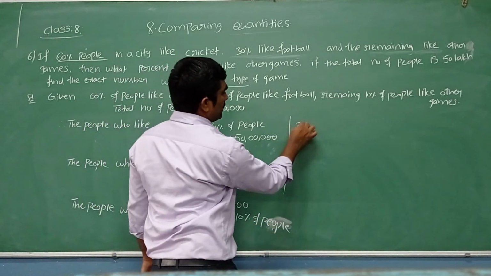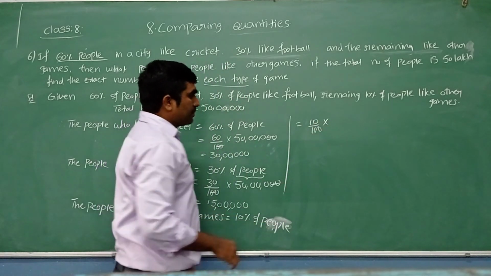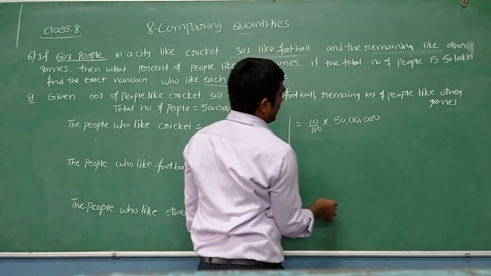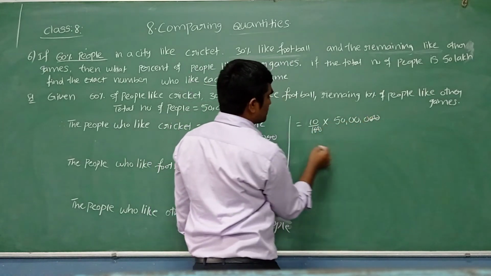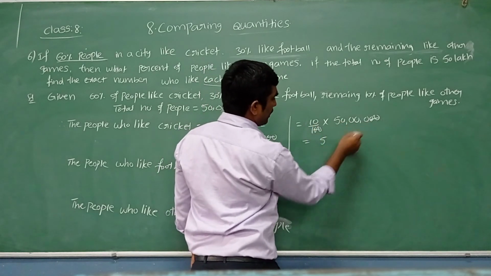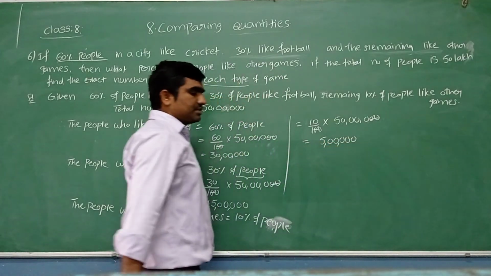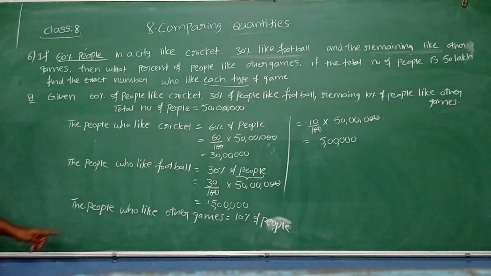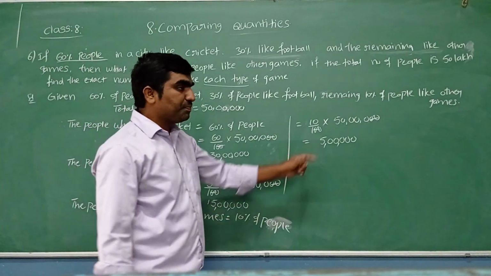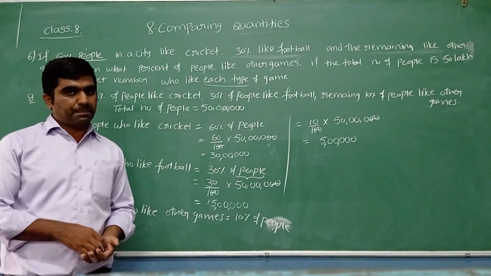Here we can write 10 out of 100 into the total people, 50 lakhs. Let us simplify, 2 zeros cancel. 1 five is 5, and 5 zeros. So we can write 5 lakhs. Yes, we can say that 5 lakhs people are interested in other games. 30 plus 15 is 45, plus 5, the total is 50 lakhs. So these are a few applications of the percentage concept.